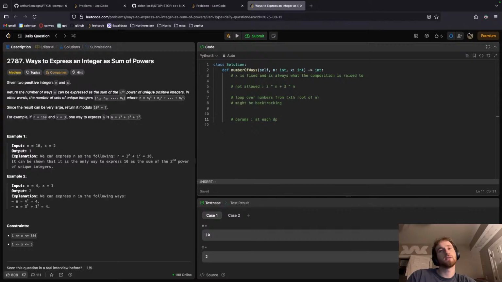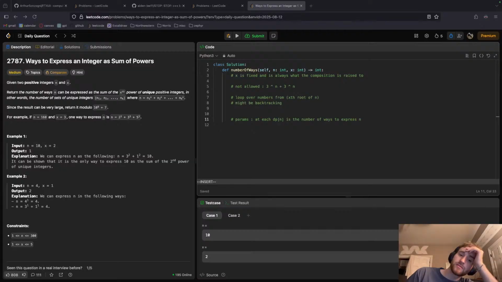Each DP is the number of... So is it 1D or 2D?